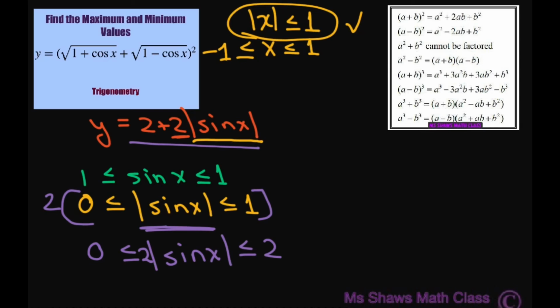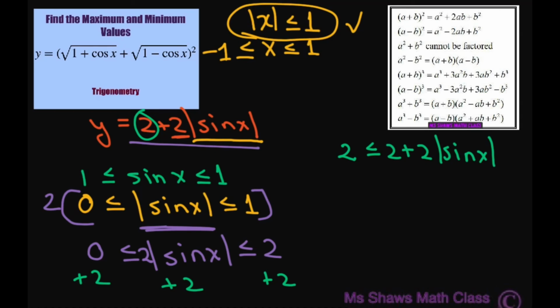And the only thing else we have to do is add this 2. So add 2 here, add 2 here, add 2 here. This gives you 2 is less than or equal to 2 plus 2 times absolute value of sine of x, which is less than or equal to 4.